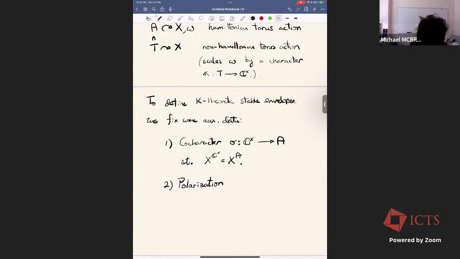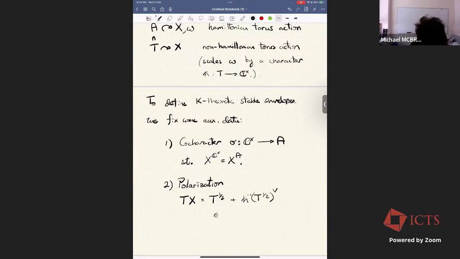Second piece of data, which is not that important for us, and you can forget about it for the rest of the talk, is a choice of polarization. That means a splitting of the tangent bundle of X into two dual halves, which I'm writing T^{1/2} and its dual.